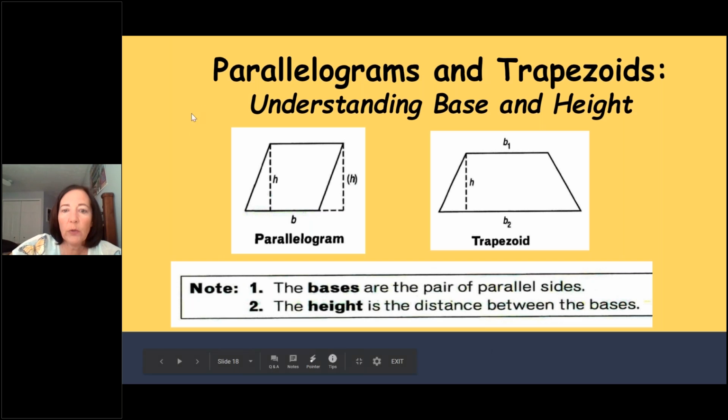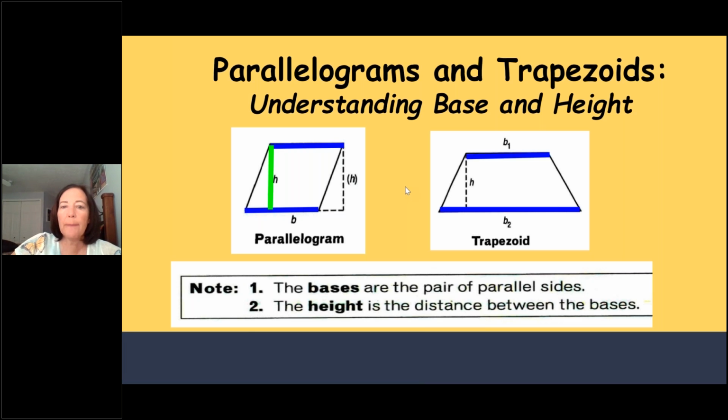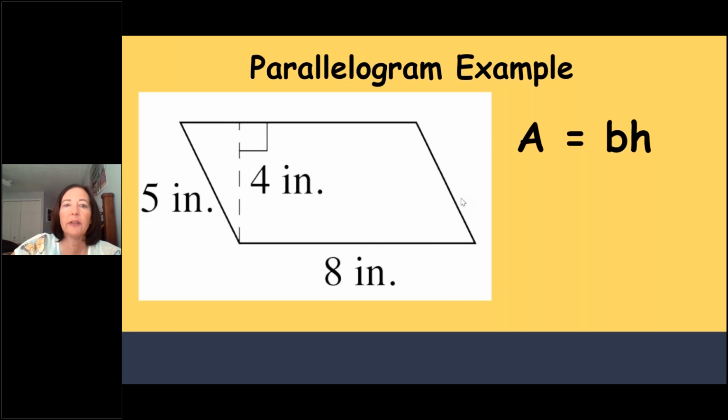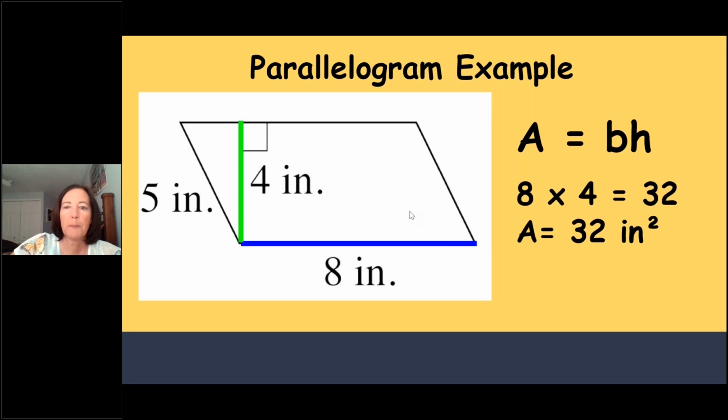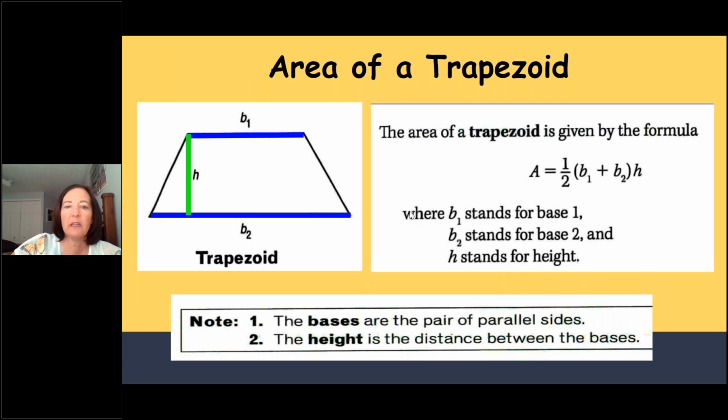So when we are looking at the trapezoid, there are 2 bases and 1 height, and we have to figure out how to deal with that. So we calculated the area of the parallelogram using the formula. But now to do the trapezoid, it's going to be a little bit different.